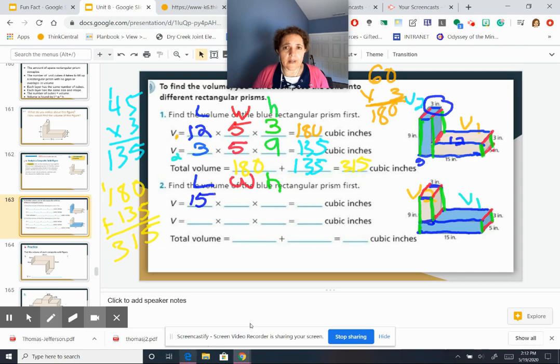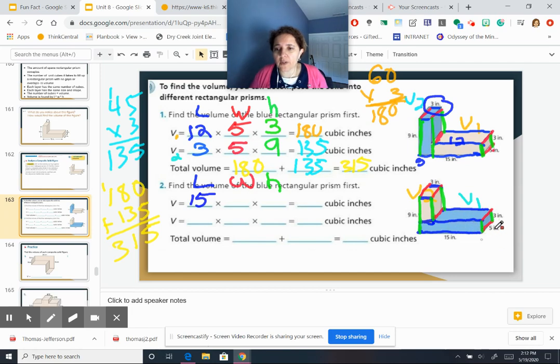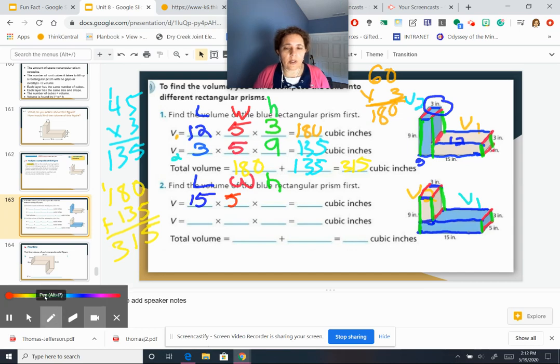So my width is in red and it's going in. Remember, it's a line that's going in. So my width for this shape here is still the same. My width going in is 5. So I'm going to put my 5 right there. And then I'm going to find my height for that one. And my height is in green. So I'm going to get my green.